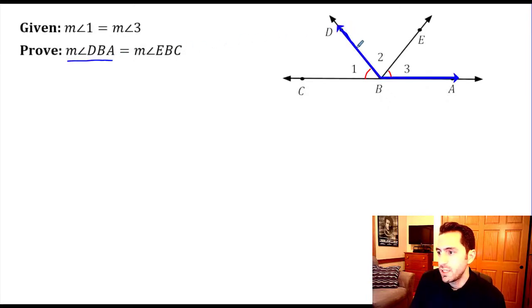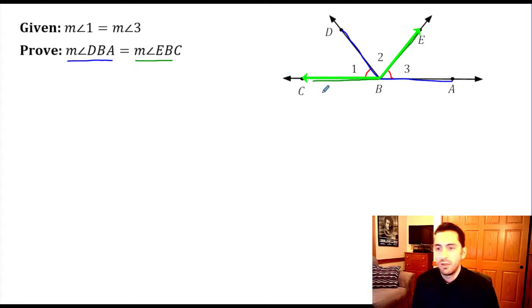So from D to B to A like this, so that angle, we want to show that that one is equal to the measure of angle EBC. So from E to B to C. So the two angles that I want to prove are congruent, are equal, they do overlap a little bit.